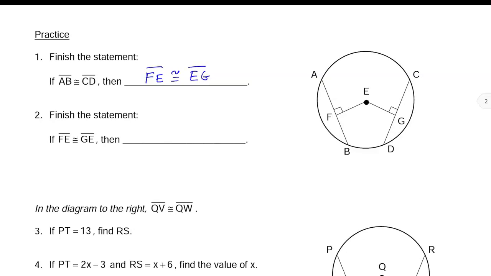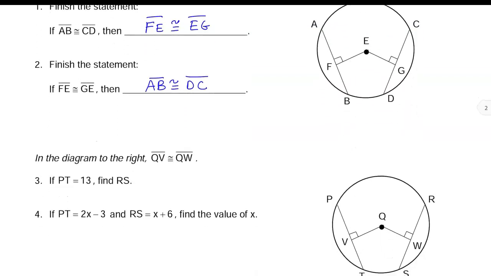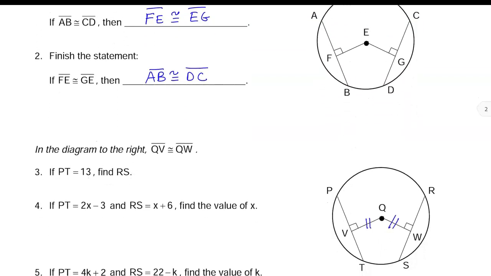Did you use segment symbols for FE and EG? Make sure you use segment symbols. Mark QV congruent to QW.